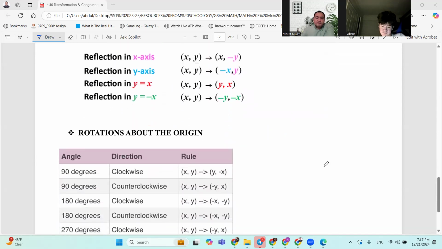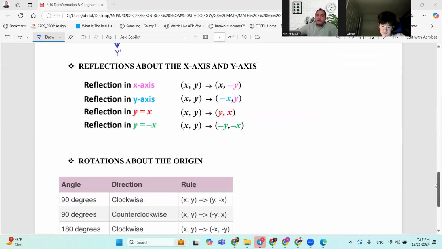Reflections about the x-axis and y-axis, right? Reflection in the x-axis: (x, y) becomes (x, -y). Why is it so? Reflection about the x-axis means that if you are given a point here, suppose its coordinates are x and y.